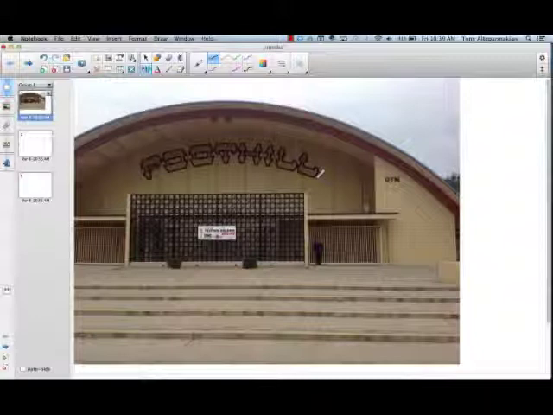So what we did is we took a ruler and an iPad, and you guys had your iPads out, and you guys were measuring on the iPad using a ruler the picture that I sent.